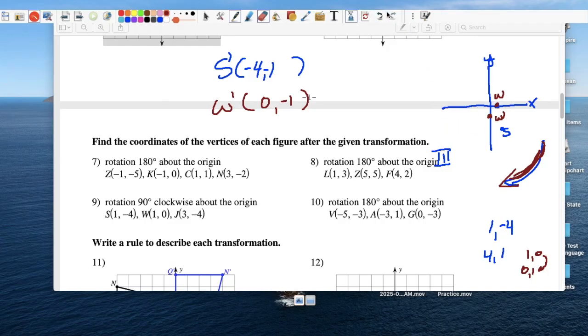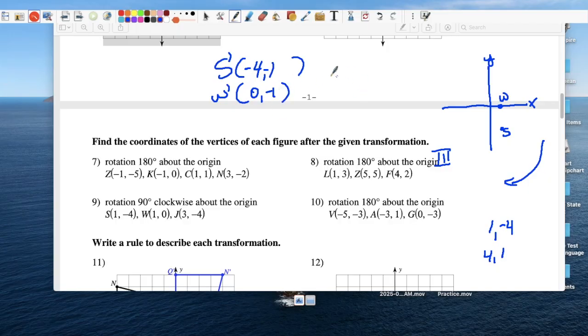Okay, actually, let me take this back for a second. W was right here. W prime is going to go from that axis to the y-axis over here, so it's going to be (0, -1).